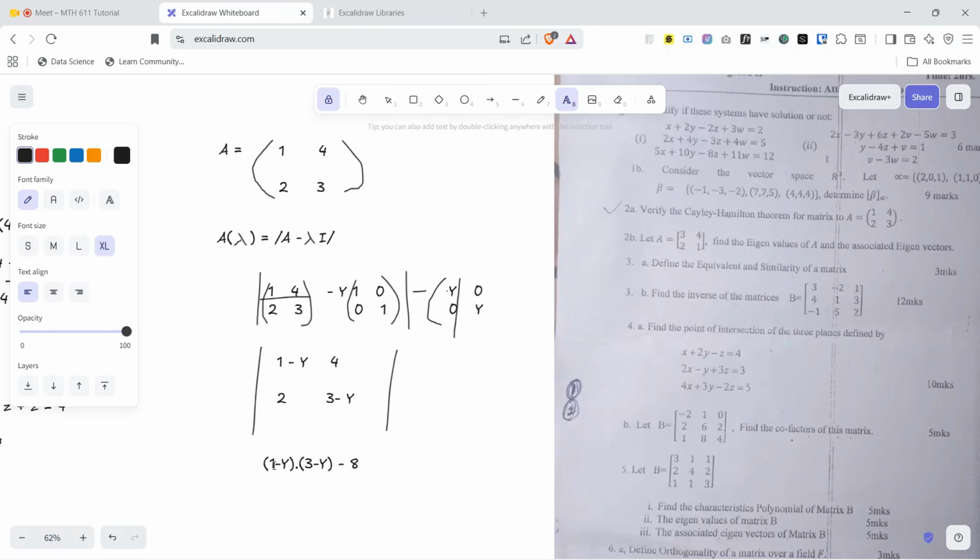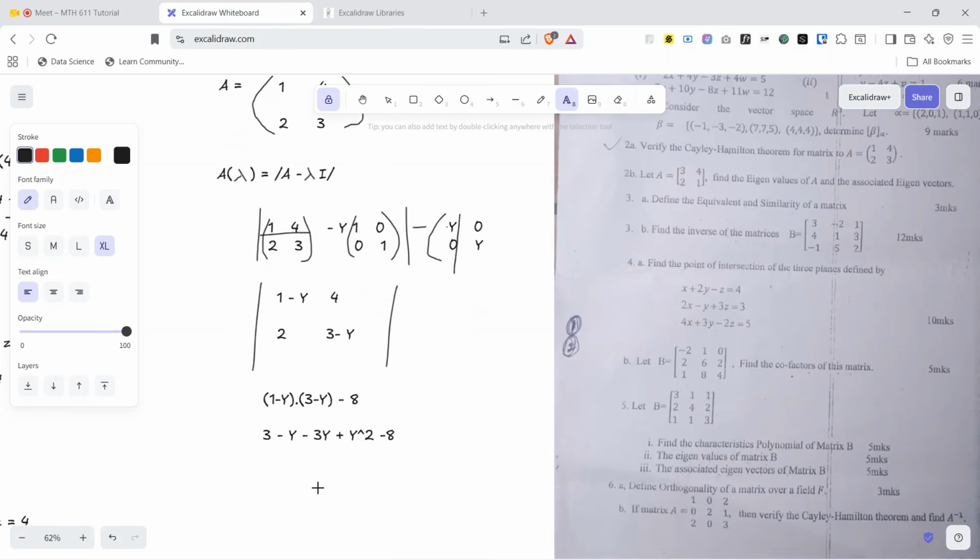So in solving this, 1 times 3 would be 3, minus lambda, minus 3 lambda, plus lambda square. Lambda raised to power, let me use this. This is lambda square minus 8, right?